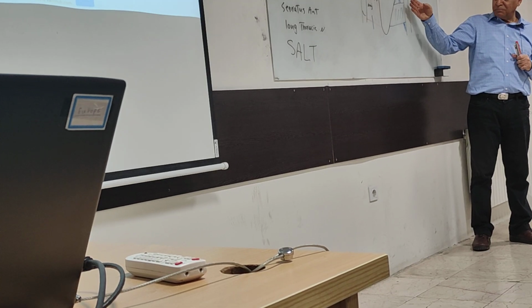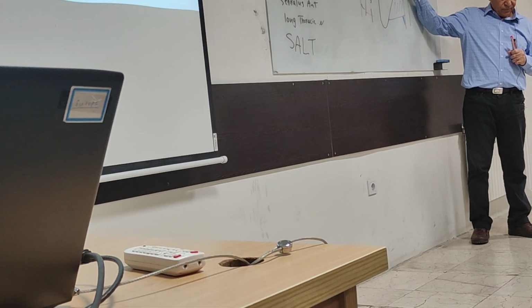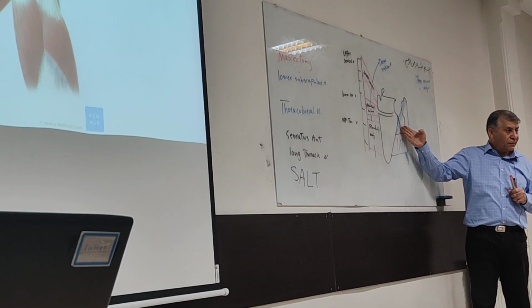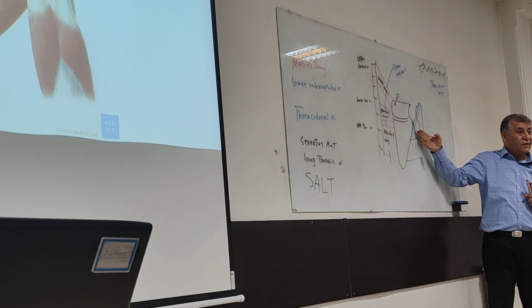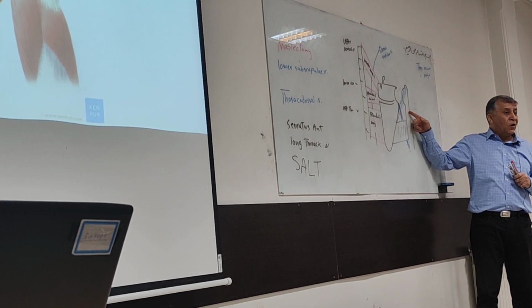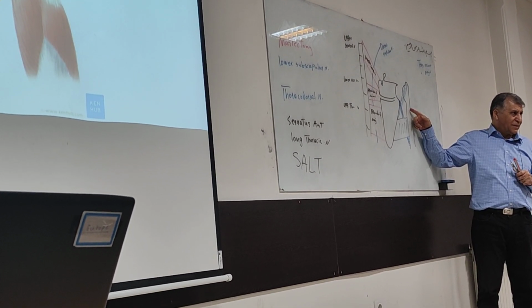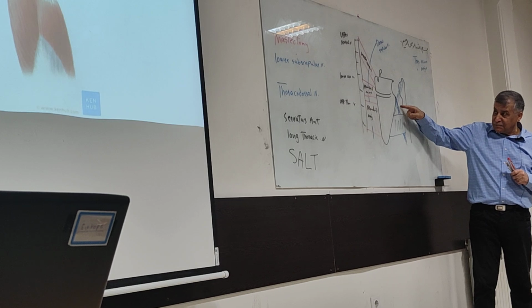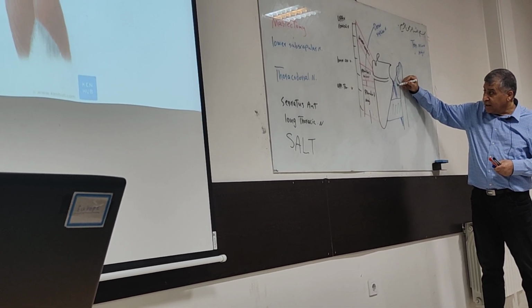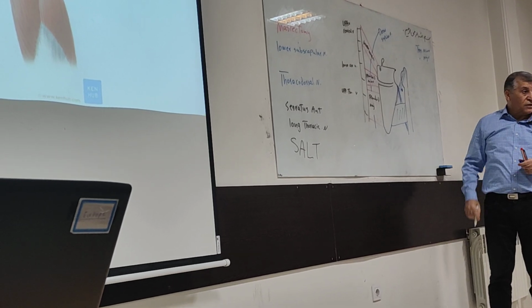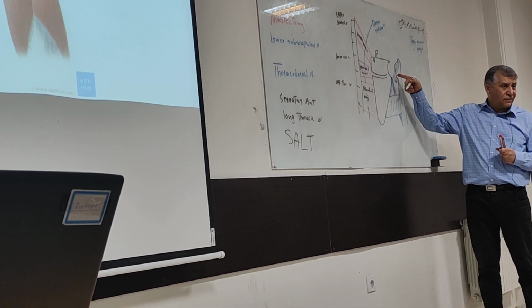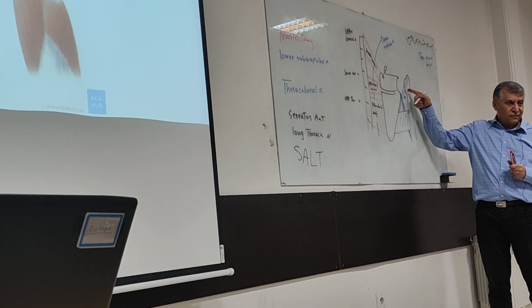The quadrangular space is bounded by teres minor, humerus, and the long head of triceps. Which part of the humerus? Surgical neck. This space contains this nerve, the axillary nerve. For this reason, this nerve innervates teres minor.